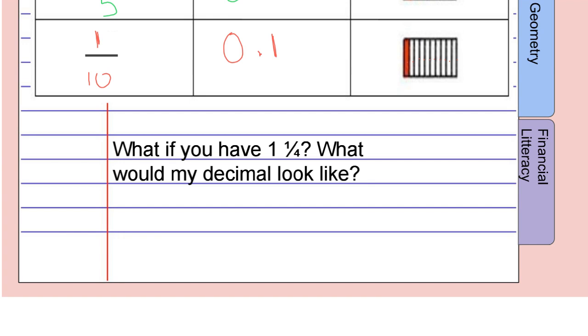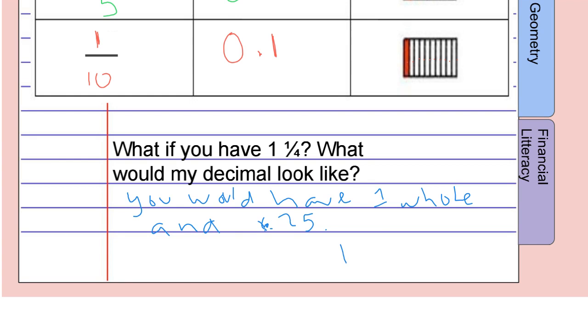Okay, now it says, what if you have 1 and 1/4? What do we think our decimal would look like? So think back to what you guys did yesterday. What would it look like? Okay, so you would still have one whole, and 0.25, because 1/4 is 0.25.